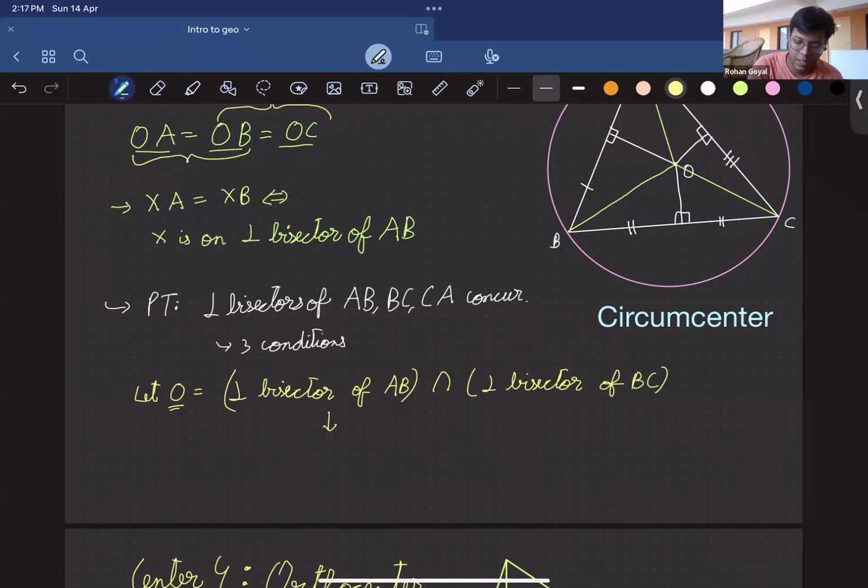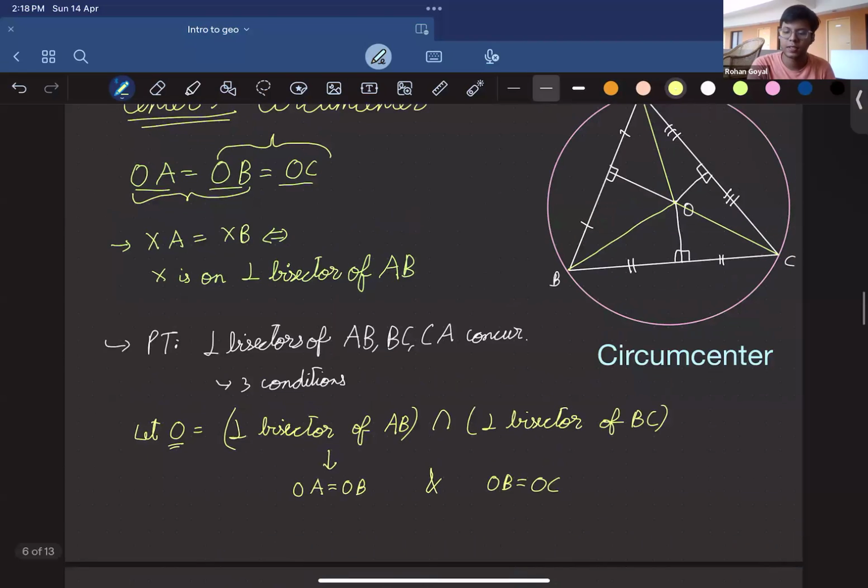This gives us that OA is equal to OB and OB equal to OC. Does that make sense? So we were able to break our three concurrences into just two conditions. And we know that if these two conditions happen simultaneously, then we are happy. Does that make sense? Very vaguely.